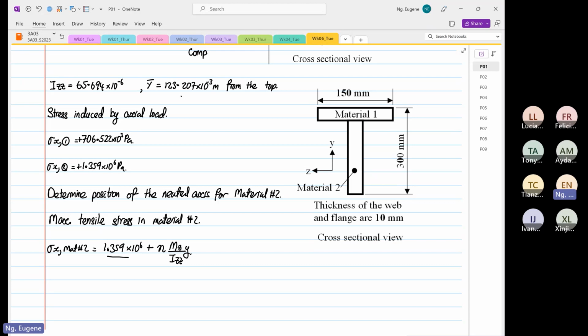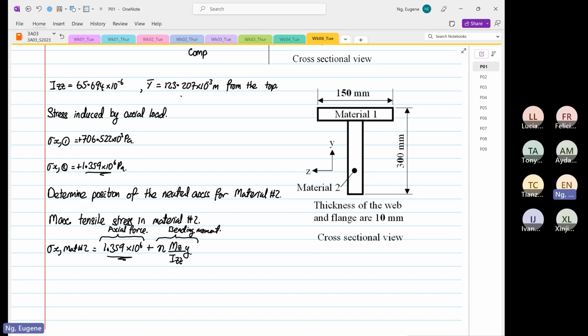Why is this value over here? Because this is due to the axial load or axial force. And this one over here is due to bending moment.